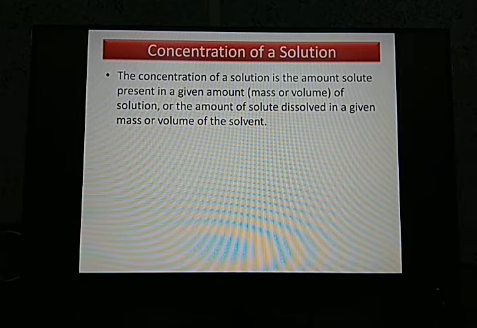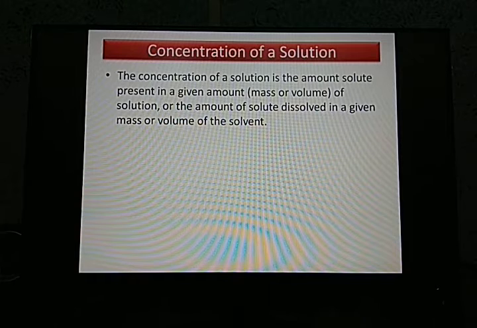It is the amount of solute. Now we all know in a solution there are two components, namely solute and the solvent. When the amount of solute in a solvent is more, we can say that the concentration of the solution is more.